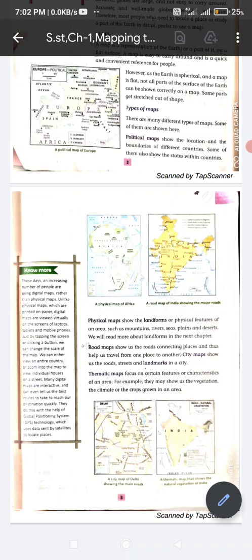But in a map, we have many details, because of the help of the scale. Depending on the scale, we can easily know many details in a map. But a globe can never show the features of the earth in great detail.